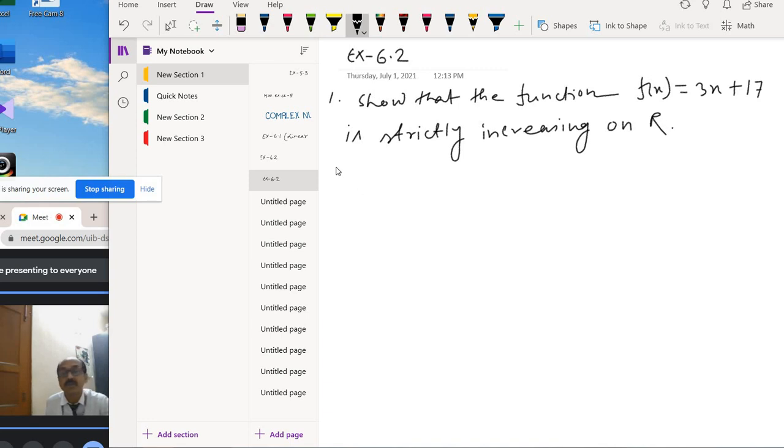Okay, so you have to show the function is strictly increasing on R.